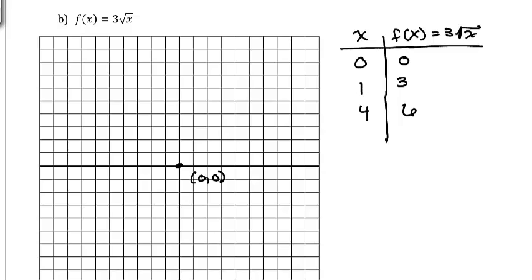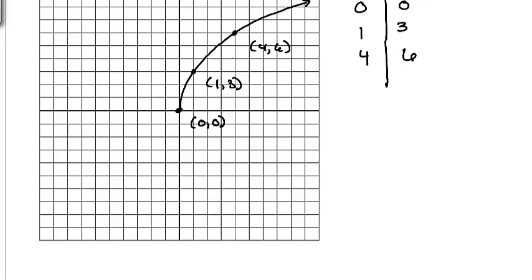And then we have the point 1, 3. And then we have the point 4, 6. And these always look the same, and so this is going to be going up like this. Remember, this is like half of a parabola.